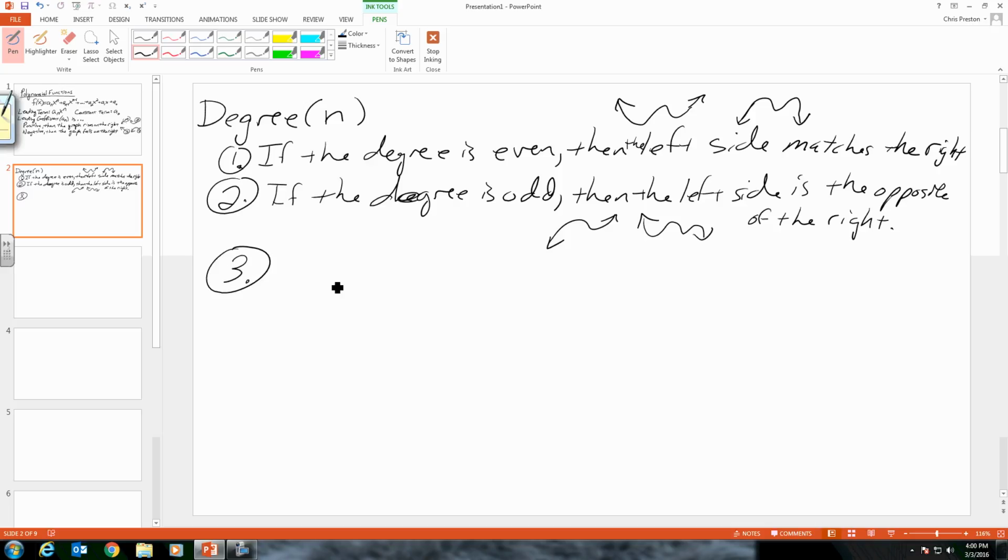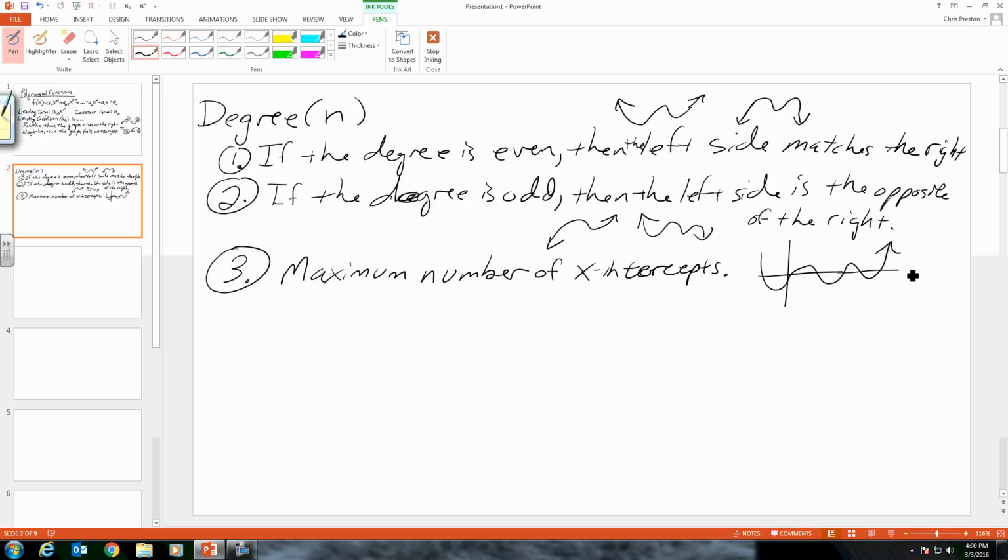Another thing it tells you, the maximum number of x-intercepts. So if I saw something and it looked like this, and I said, could this be x to the fourth? And the answer is no, it can't be x to the fourth.